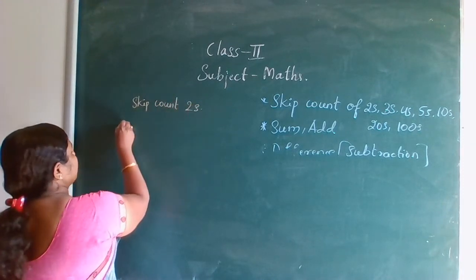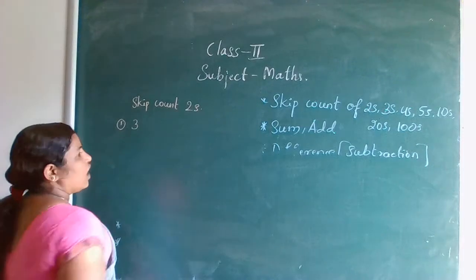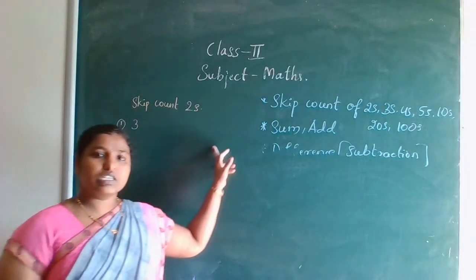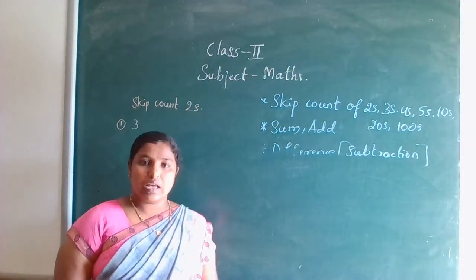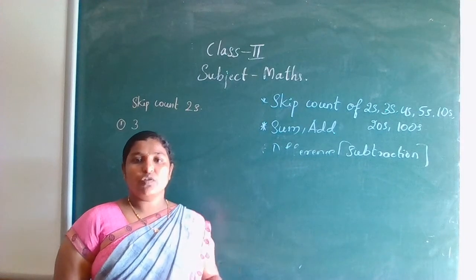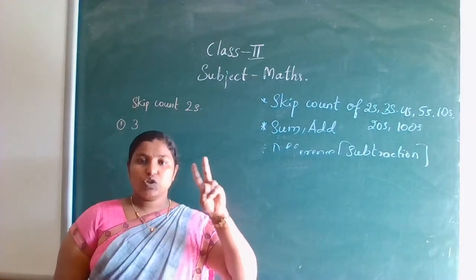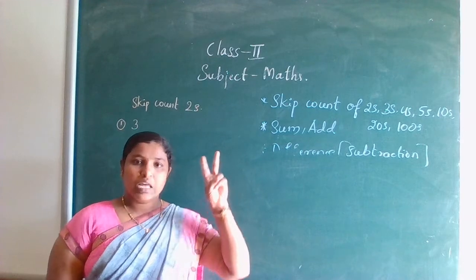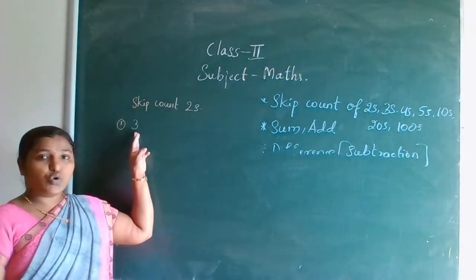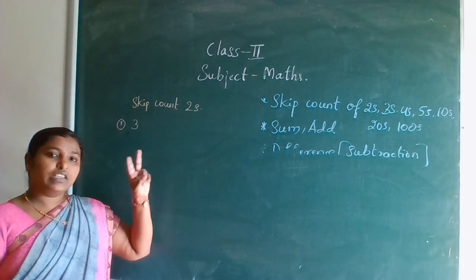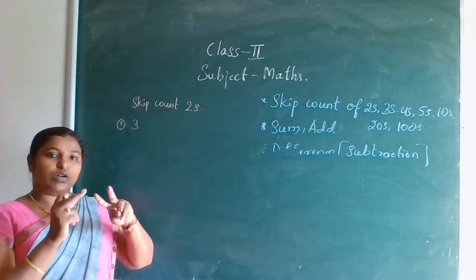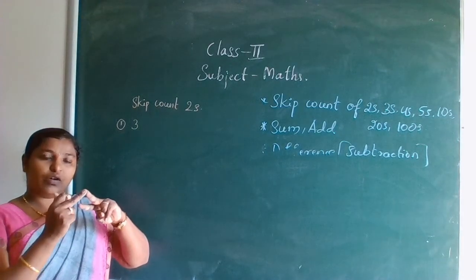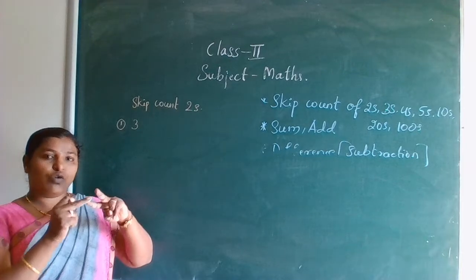Skip count 2s. Start with 3. After 3, what is the skip count of 2s? If they ask, skip count of 2s in the sense we should hold 2 fingers. 3 is here, don't count 3. After 3, what is there? You should count 4 and 5. Okay, 3, 4, 5.